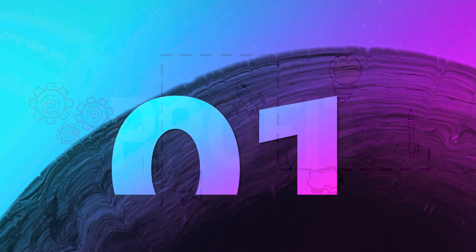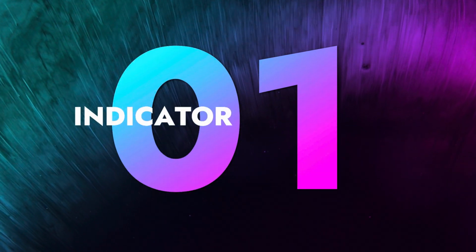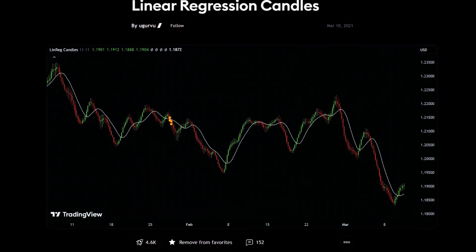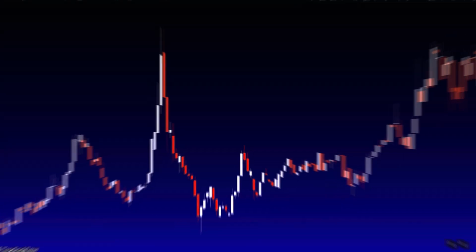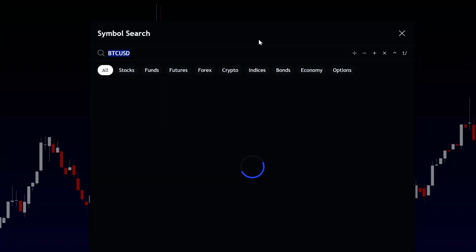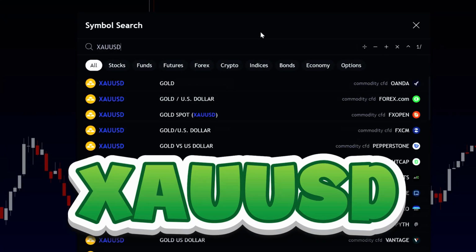So, for this strategy, we'll be using two free indicators, and the first one is the linear regression candles. To slap it on your chart, head over to TradingView, choose a preferred trading security and time frame. I'll be using a 5-minute gold chart for this demo.